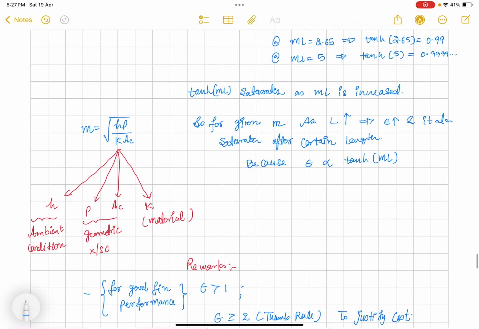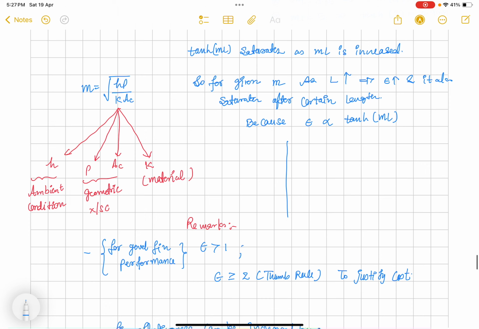All right. So we should not waste material beyond that particular length. So it will be like this. After this mL value, we should not add material to the base surface as a fin, because it will add extra length with no added effectiveness. Also, heat transfer from the fin will not increase after this particular mL value, and it is taken to be 2.65 in the literature.